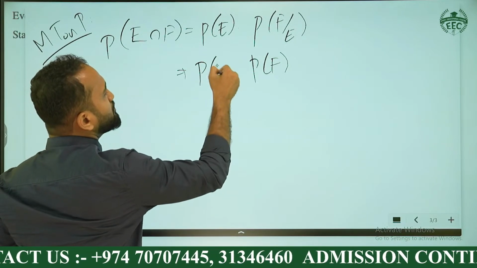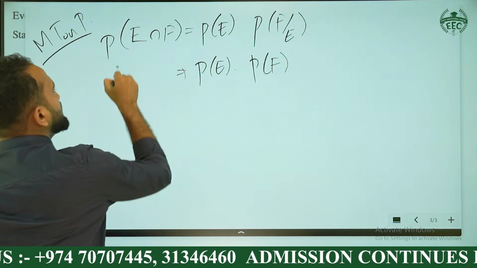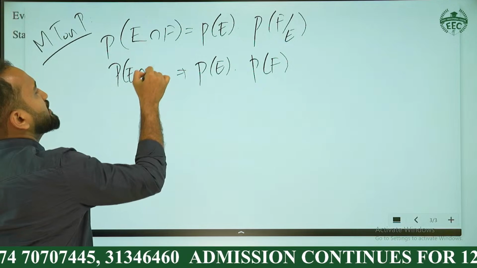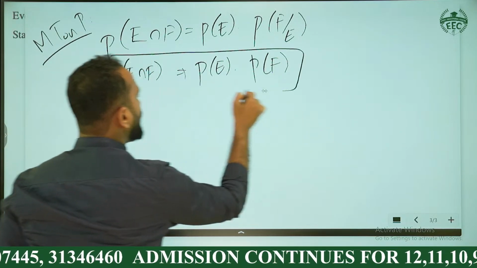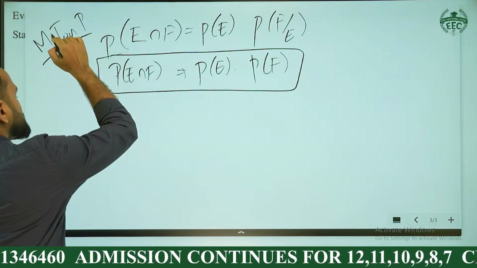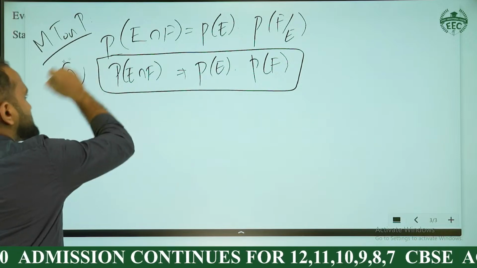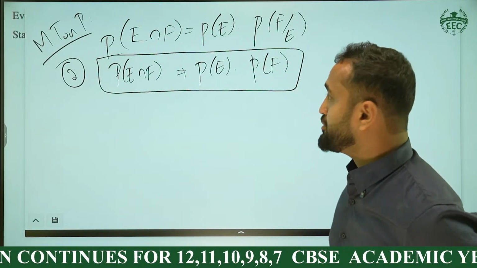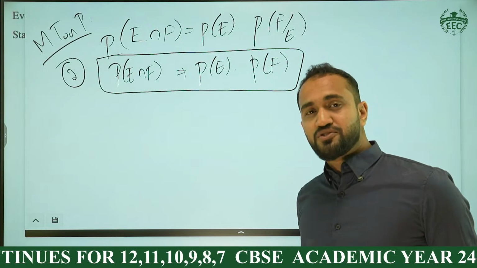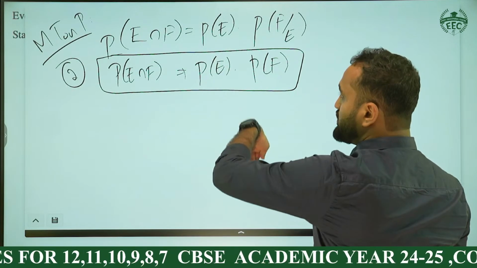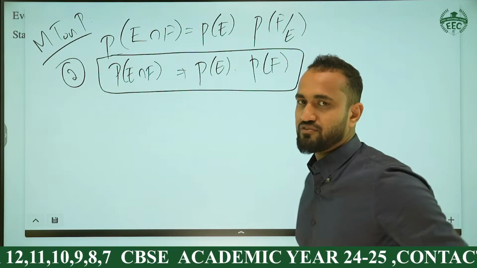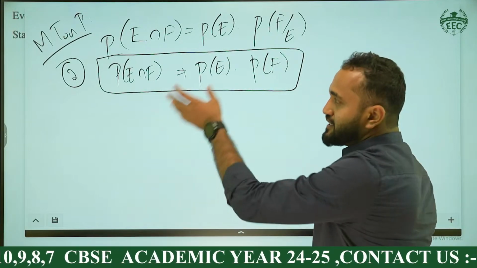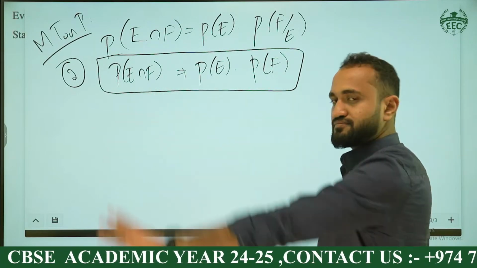Therefore, this becomes P of E into P of F. So I can define the second condition for independent events: P of E intersection F is equal to P of E into P of F. In a question, they will give you P of E, P of F, and P of E intersection F. All you need to prove is whether they satisfy this condition.